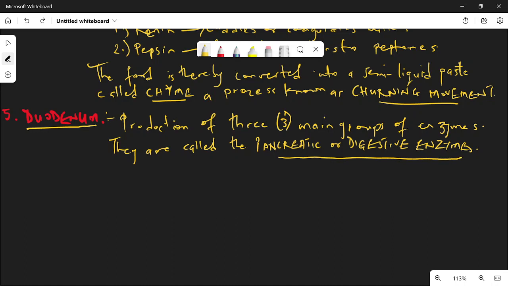That is what we refer to them as, the pancreatic or the digestive enzymes.